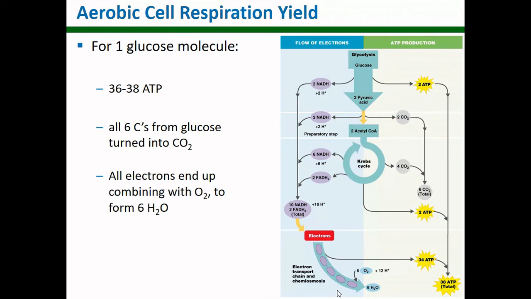So for one glucose molecule, we're getting between 36 and 38 ATP. That's really a lot if you think about it. All 6 of the carbons from the initial glucose molecule are turned into carbon dioxide, and all of the electrons and protons, making hydrogen, end up with oxygen to make water.